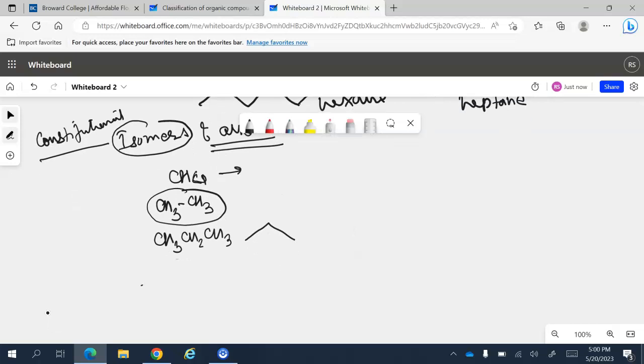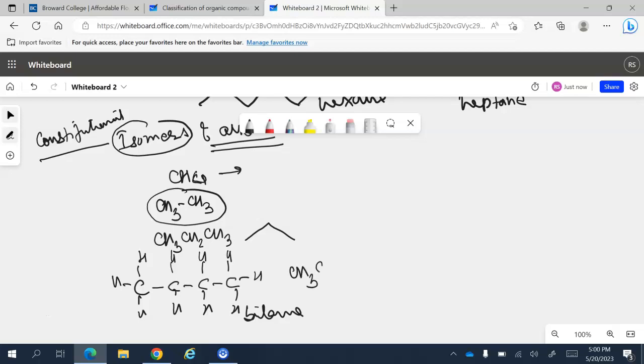But whenever you have four carbons, 1, 2, 3, 4, this is a straight chain, which we call butane. This is the straight chain butane. This is the structural formula.